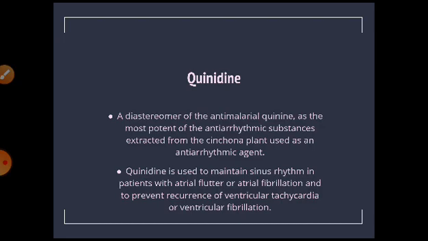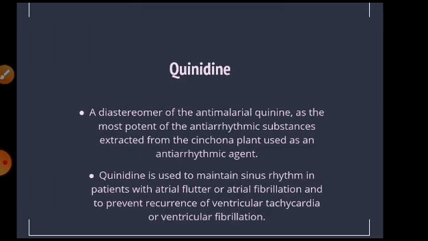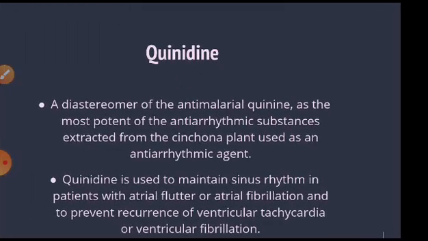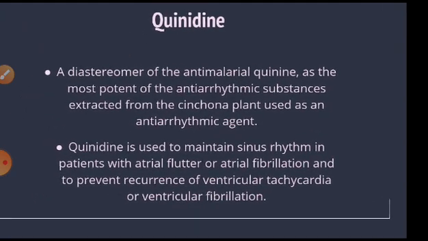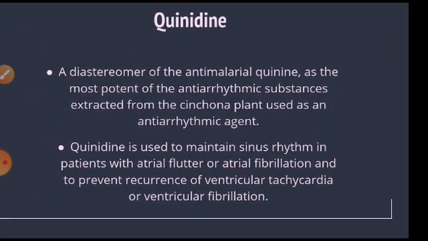Okay. Now we'll take the individual drugs, and we'll first discuss a very important drug of this class, quinidine. Quinidine is a diastereomer of the antimalarial quinine, which is nowadays very much in discussion.